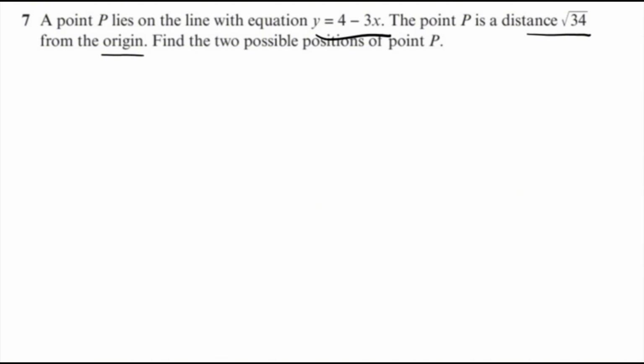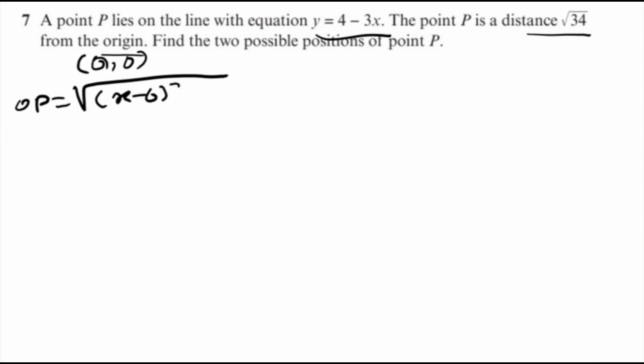Okay. So first of all, we know the distance from the origin. What's the coordinate of the origin? Which is 0, 0. So I can use first the distance formula. OP is equal to square root of (x minus 0) squared plus (y minus 0) squared.